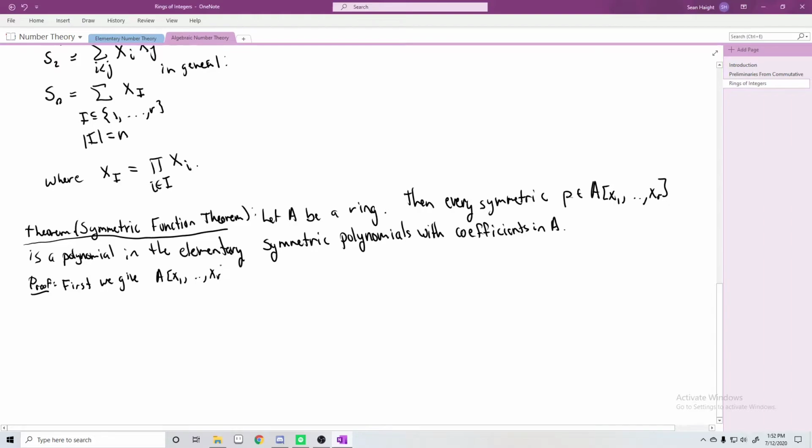There are lots of monomial orders. So what do I mean when I say a monomial order? It's just a way of comparing two monomials and saying which one is bigger. Bigger being in quotes.